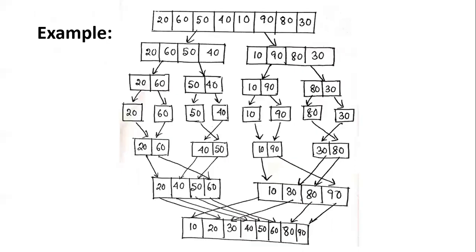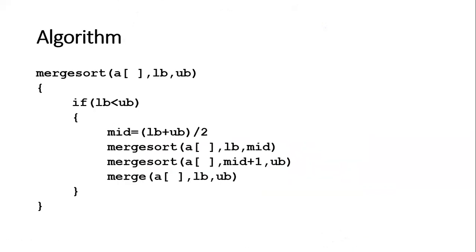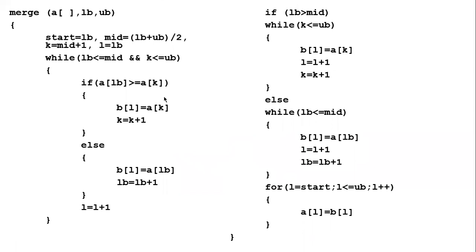Suppose in this case, assume 50 and 40. Here 50 is greater than 40, but 40 should come into the array first when it is sorted. So when the condition 50 and 40 arises, then what will happen? A[LB] is greater than or equal to A[K], so A[K] will be stored in the B array.